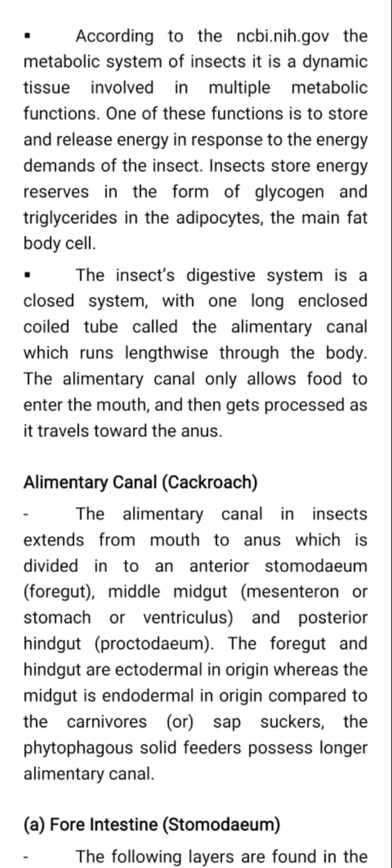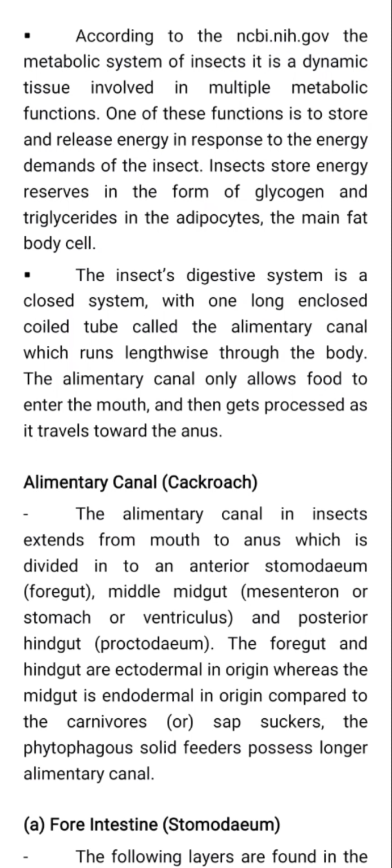The alimentary canal in insects extends from mouth to anus, which is divided into anterior stomodeum or foregut, middle gut or midgut, and posterior hindgut.